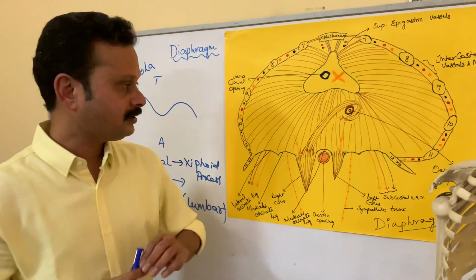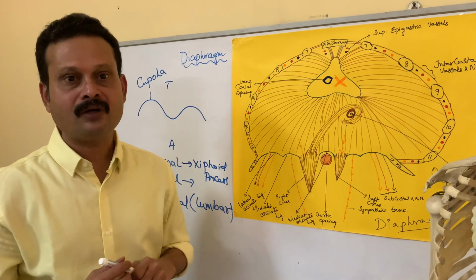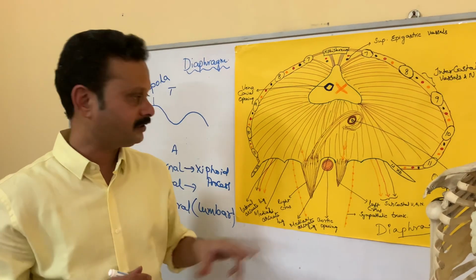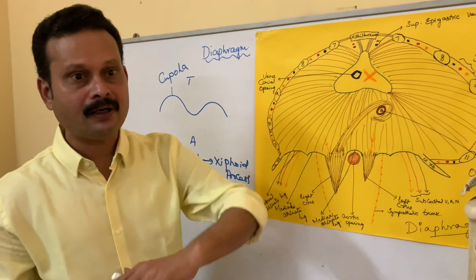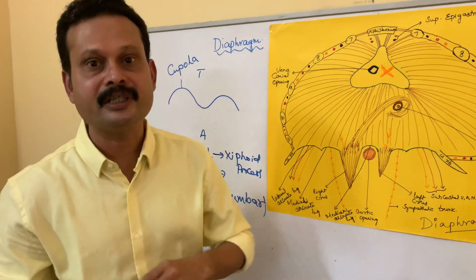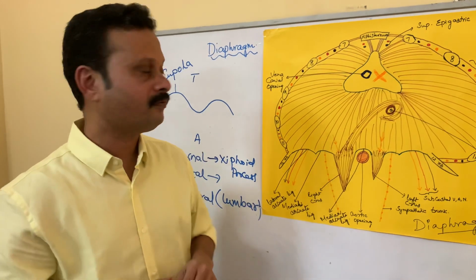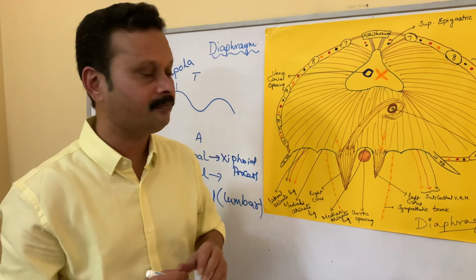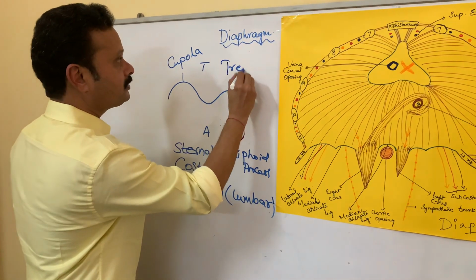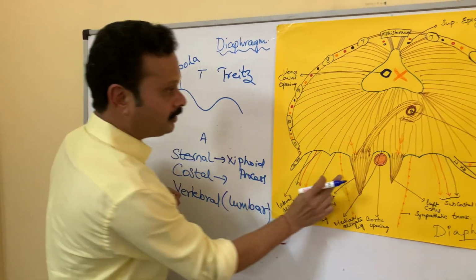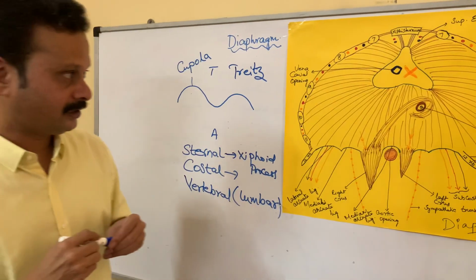To this right crus, the suspensory muscle of the duodenum is attached, which at its lower end is attached to the duodenojejunal flexure. This suspensory muscle of the duodenum is also called the ligament of Treitz, which extends from the right crus to the duodenojejunal flexure.